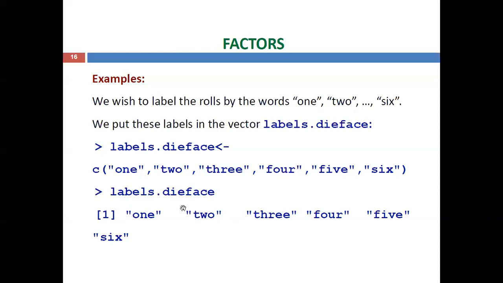Here, whenever we start with factors, we already mentioned that 3 vectors are required. The first one, a vector with a set of values. Second, a vector with all possible values. Third, a vector with levels.